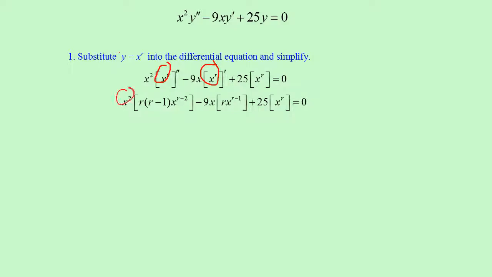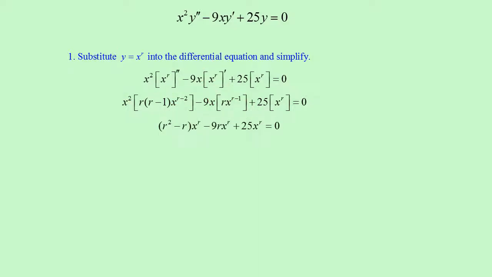We're always going to have, for example, an x squared and an x to the r minus 2, which when combined gives just an x to the r. We'll have an x to the 1 and an x to the r minus 1, which when combined give x to the r. So that's how we get every term with an x to the r.